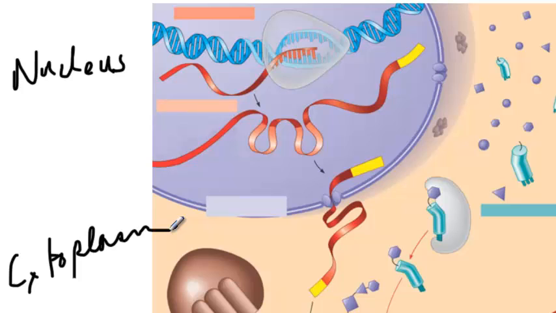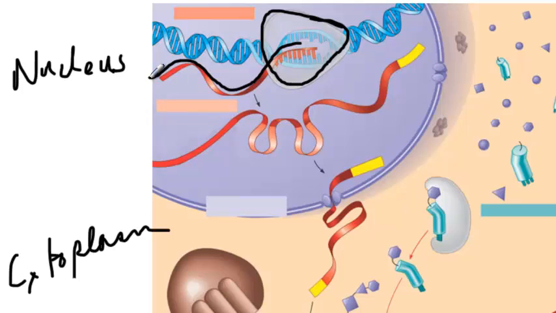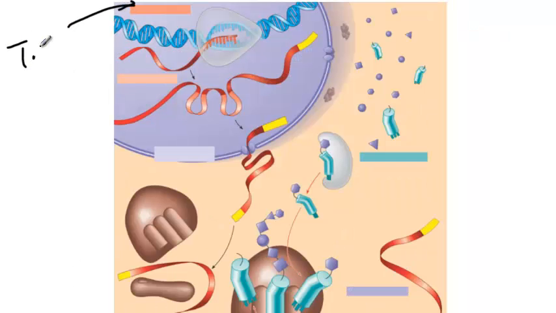In the nucleus, we've got a big egg-shaped molecule, which represents RNA polymerase, making a red strand of mRNA. Now remember, that process was called transcription. So we're going to write that in there. So this first part is transcription, making the mRNA.